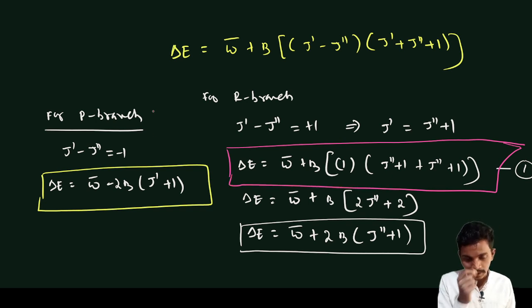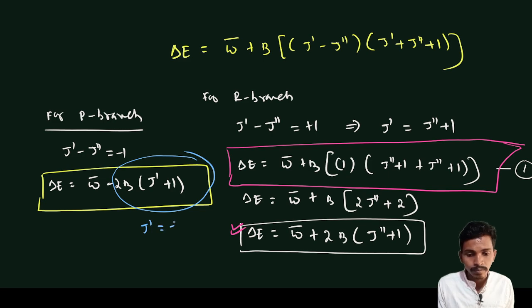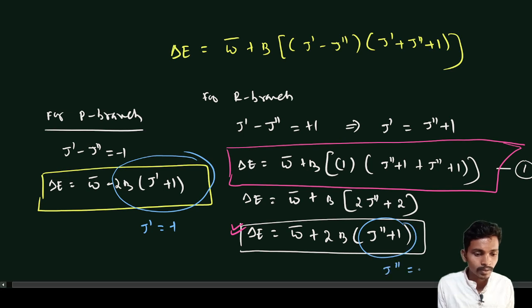So for the P branch and R branch, we are taking these equations. For the R branch, for this whole value to get 0, we need J dash equal to minus 1, or here J double dash equal to minus 1.